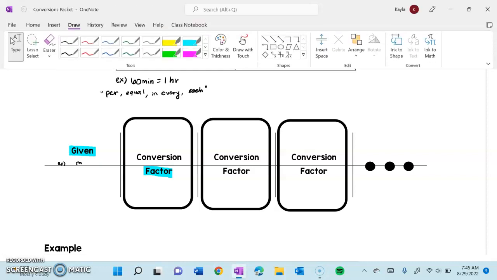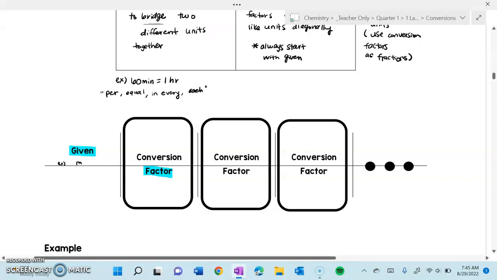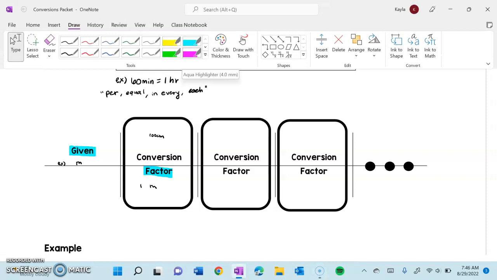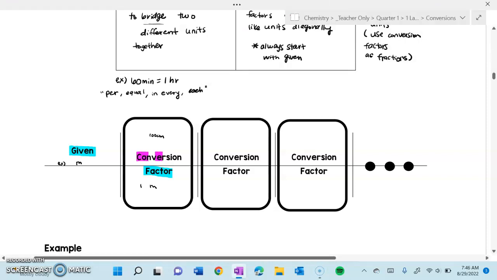Then we would use a bridge, maybe meters to centimeters, and we know that there are 100 centimeters in 1 meter. That would be our conversion factor here. Let's use another color for centimeters. So this top part now is centimeters in our conversion factor.